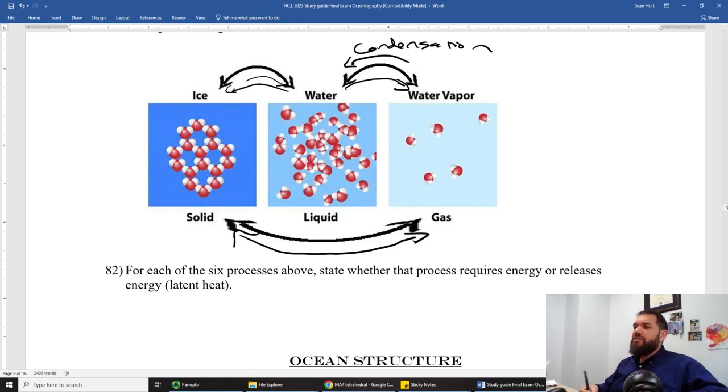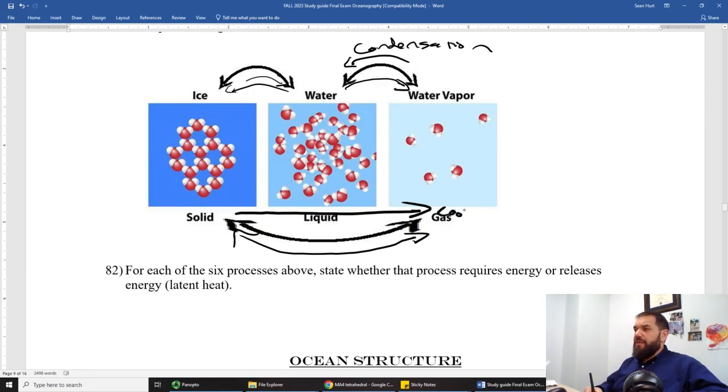All right, so the way that you should remember this is if you're moving from left to right, going from a solid phase to a more liquid or gaseous phase, towards the gas phase, then you're breaking bonds, and that takes energy. So it's actually subtracting energy away from the environment.